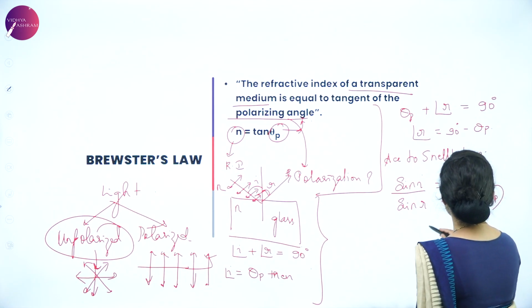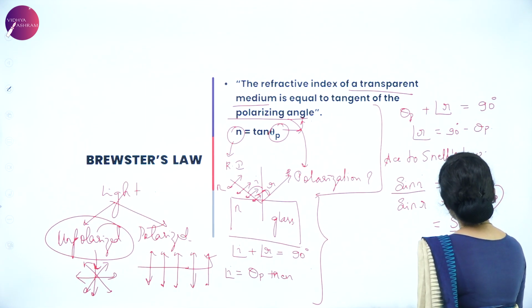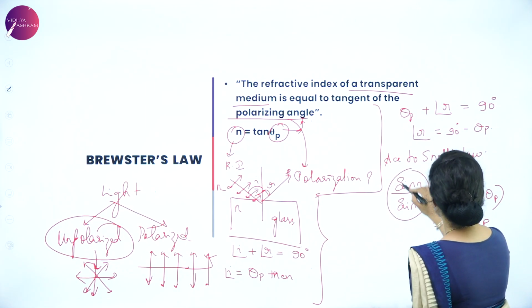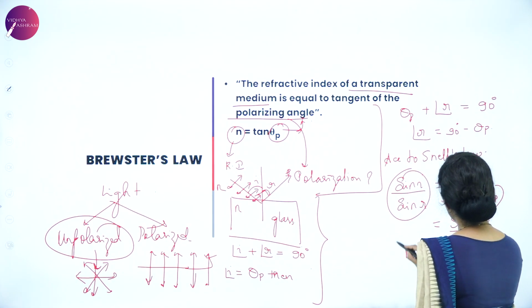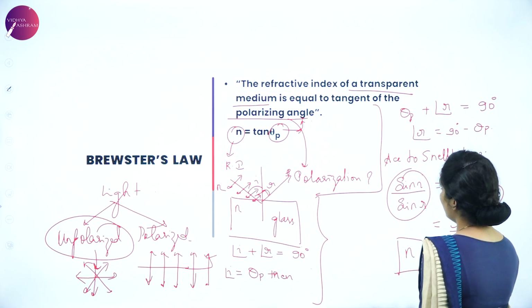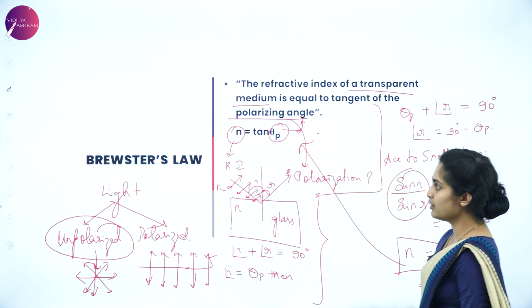Sine of 90 minus theta p is cos theta p. So sine theta p over cos theta p gives the refractive index, that is, tan theta p. So this is the equation of Brewster's angle which we have got here. That's all about Brewster's law.